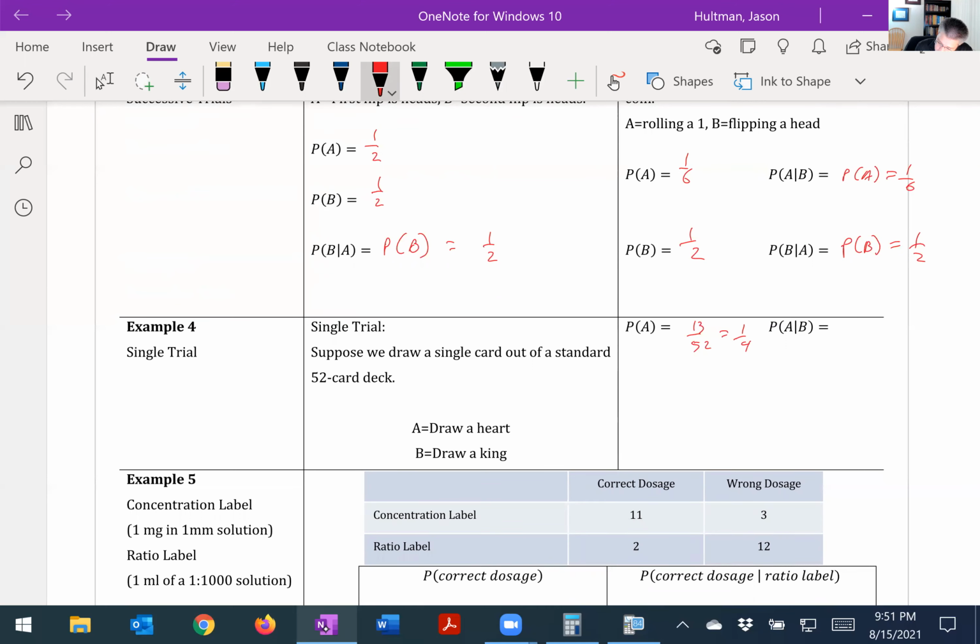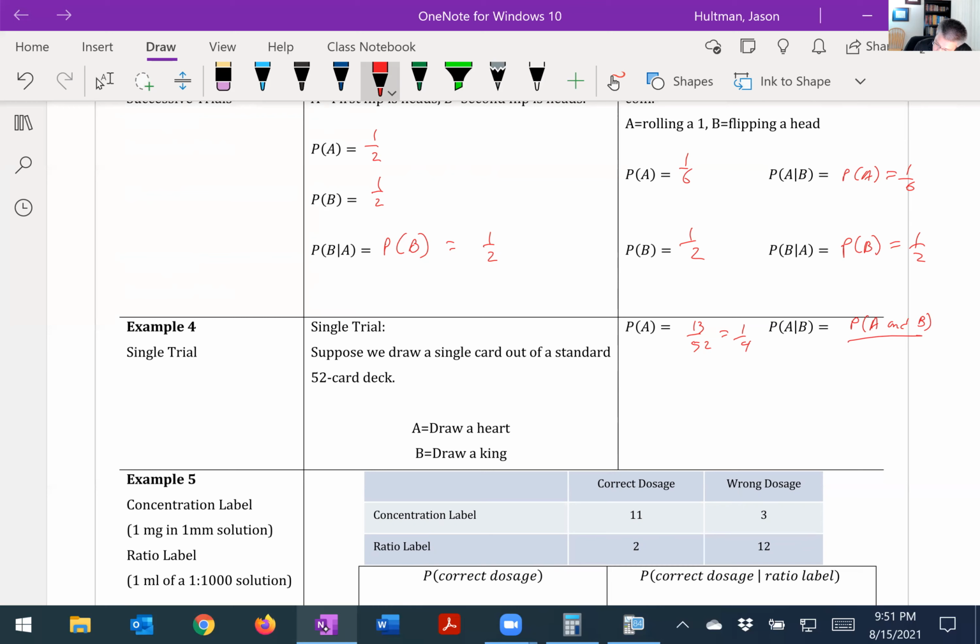Okay, probability of A given B. Well, this is going to be the probability of A and B over the probability of B, and we want to draw a king. Is there a king of hearts? We know that these are not independent if there's overlap, and yes, there is a king of hearts.